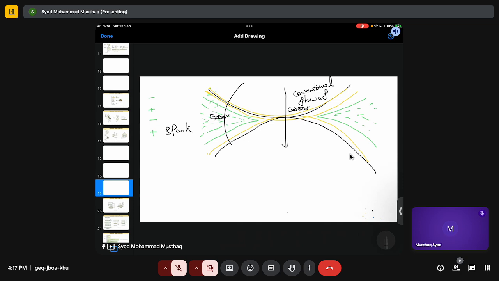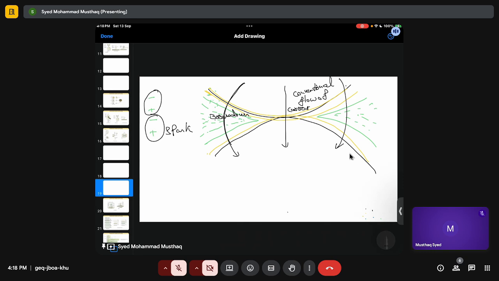You are breaking down the gas molecules, because gas is charge neutral, but you are breaking it down such that the positive and negative go sideways, just like this, the induced polarization. So you break down these air molecules, and this current will flow like this.